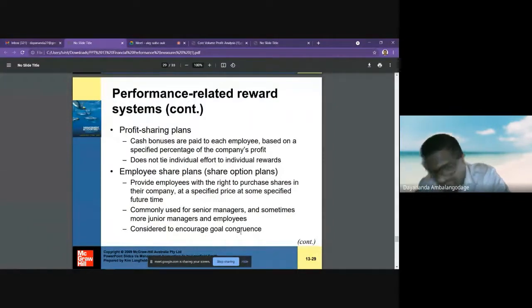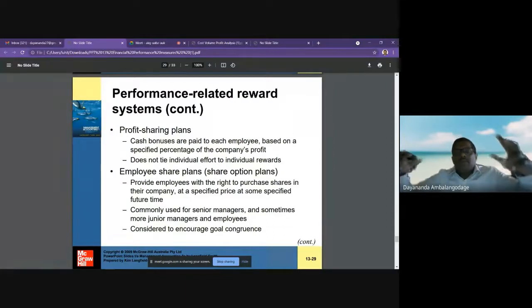So you may give a target, okay? If you achieve this year's profit of 1 million or 1 billion, 10 trillion, whatever, we will give you 10 shares. We will give you 10% of the profit you earn as shares. So thereby, likewise, when you make more and more profit, you will get more and more shares.